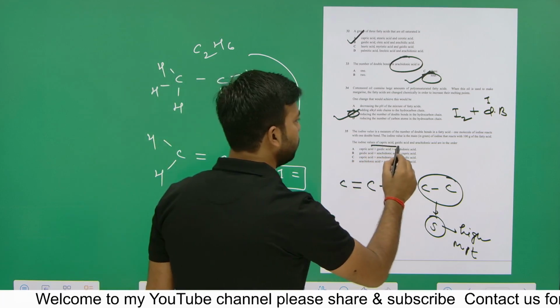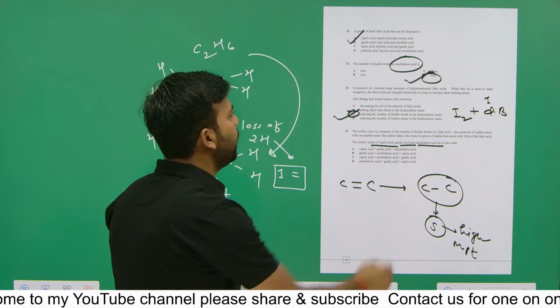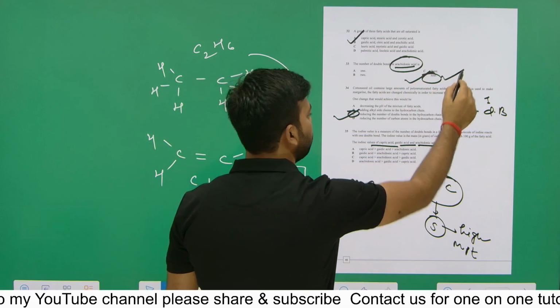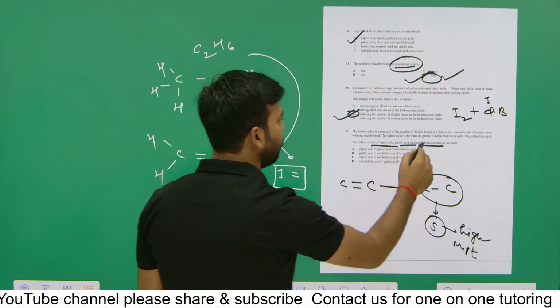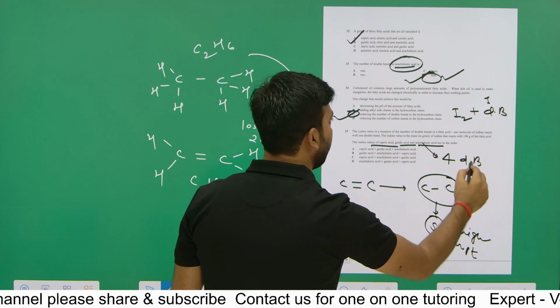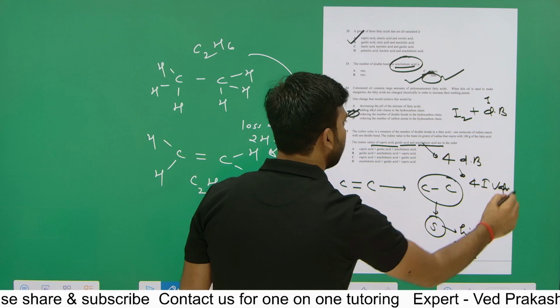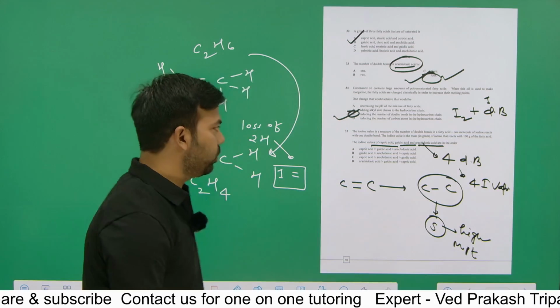Capric, gadoleic and arachidonic. Arachidonic we got 4. So arachidonic has 4, there is no doubt. 4 double bonds means iodine value 4, because iodine value is equal to the number of double bonds.